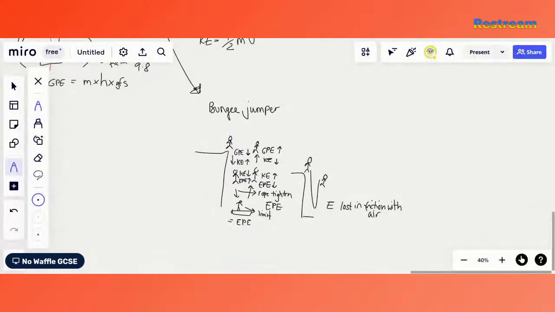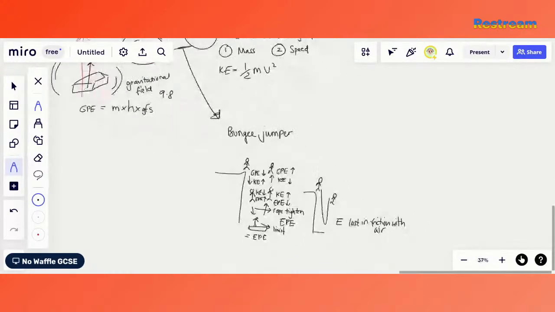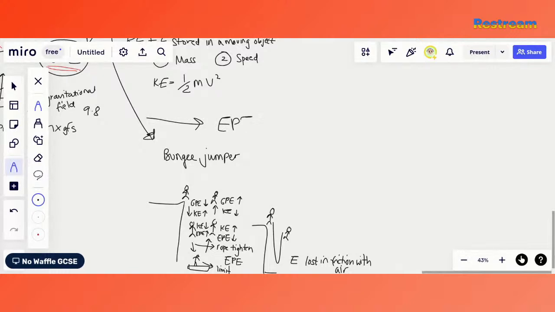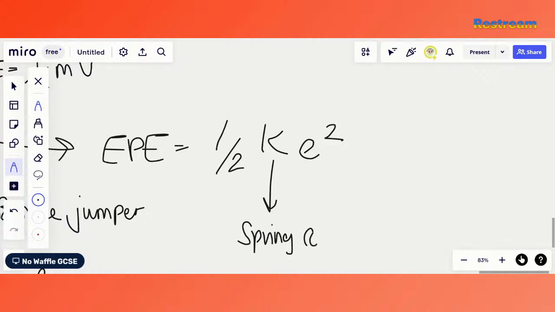Now we've discussed the gravitational potential energy and kinetic energy, but just so you know the elastic potential energy equation, elastic potential energy is half times k times extension squared. So what is k? k is what we call the spring constant.